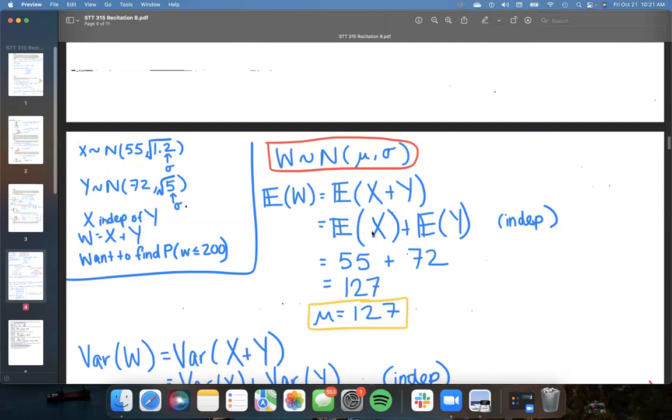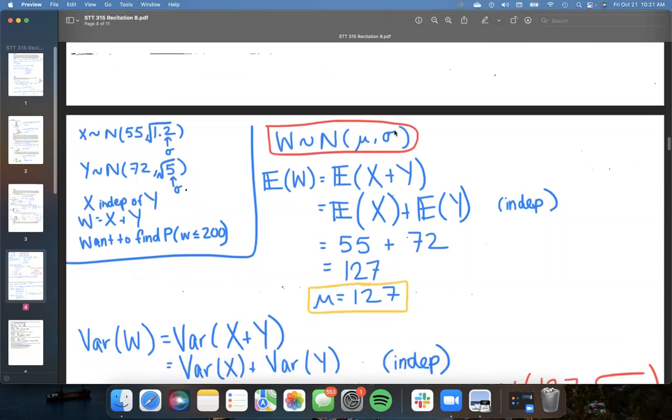And then we're given the expectation of X alone and the expectation of Y alone, so that's 55 plus 72. You can look right here if you don't remember what I'm talking about. You add those together, you get 127. So 127 is going to equal mu of W.